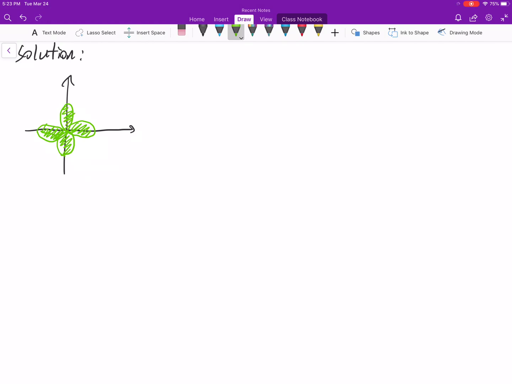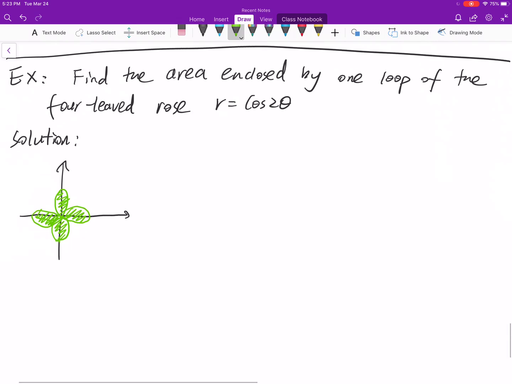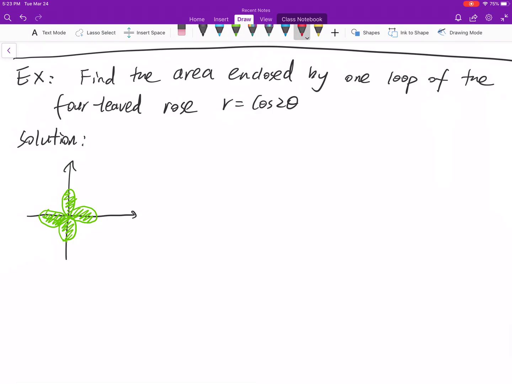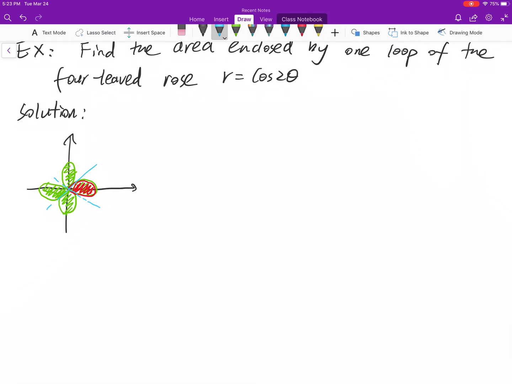Okay, so this is enclosed by the four-leaved rose, and actually we are interested in only one leaf, so this part. As you see, first we need to represent the domain D in the polar coordinates.